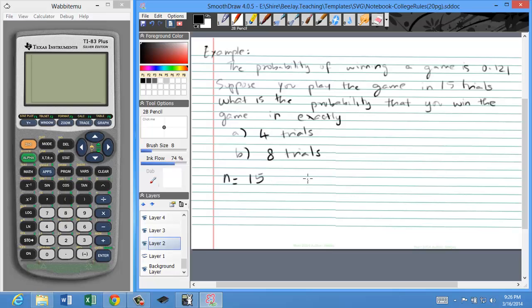and at each trial you either win the game or lose the game, so the success event is winning the game. So do we know the probability of success? Well, the probability of success is 0.121. So I know n, I know p, so I can find the probability that we are expected. So exactly 4 trials and exactly 8 trials.